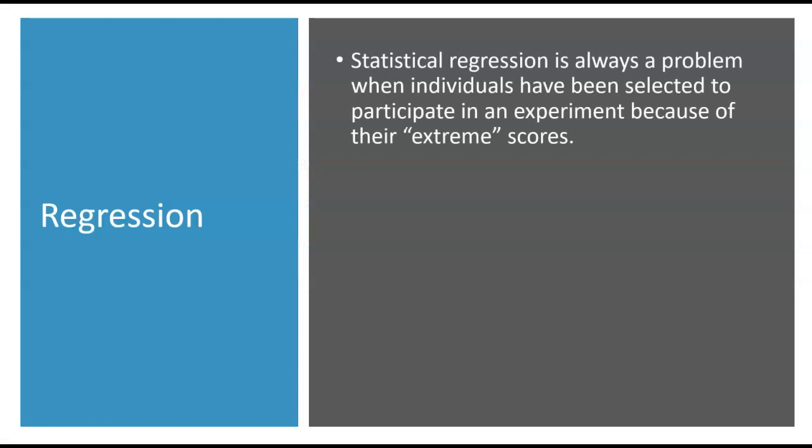Now, regression here refers not to the statistical technique of regression and correlation, but instead to statistical regression as a threat to internal validity. This is when maybe you select a group of individuals based on their performance at time A. That performance at a single moment in time may not be representative of their performance on average.